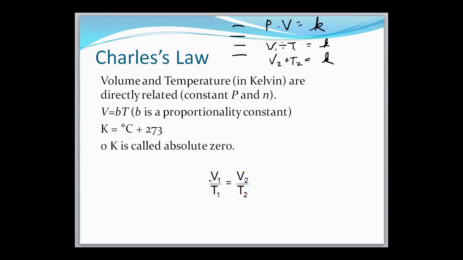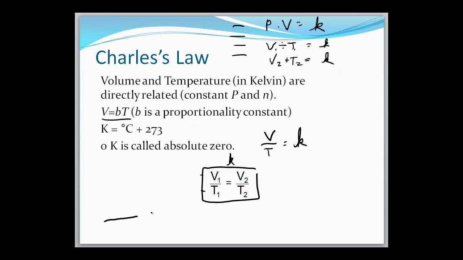So what we can say is V1 over T1 is equal to a constant, which is also equal to V2 over T2, so we can just write the formula in that form. As with Boyle's law, you can also write it in a modified form. V over T is equal to your constant.